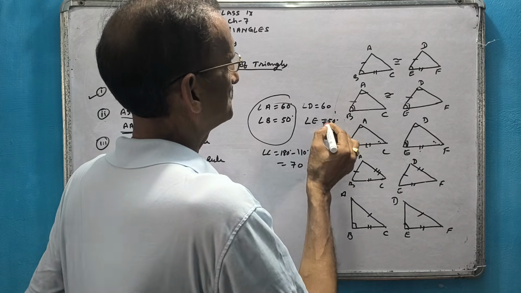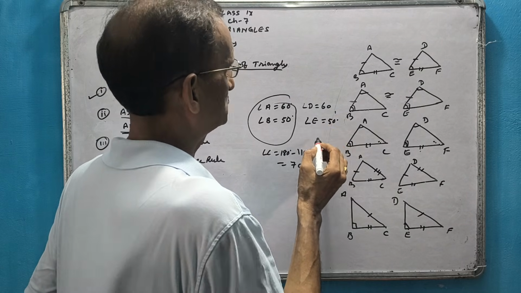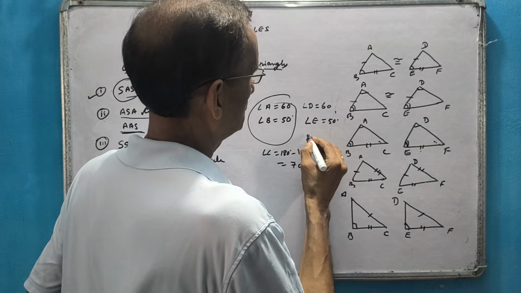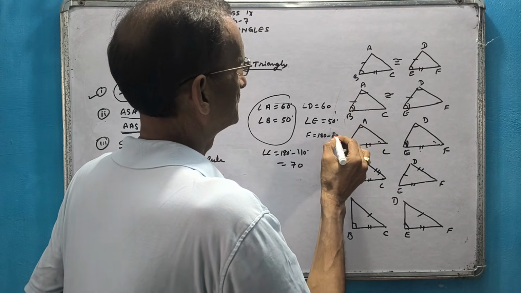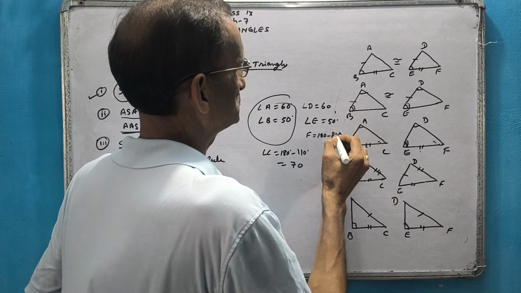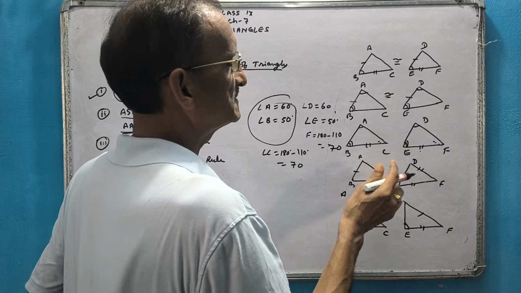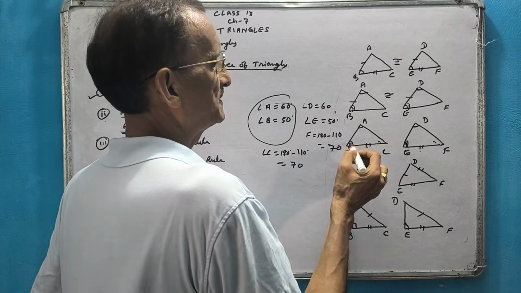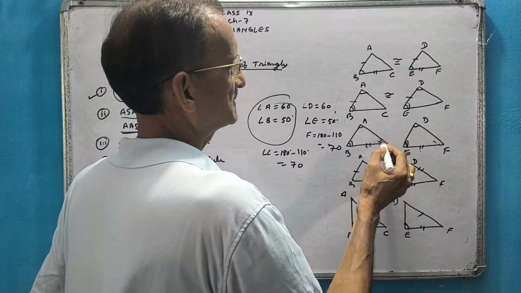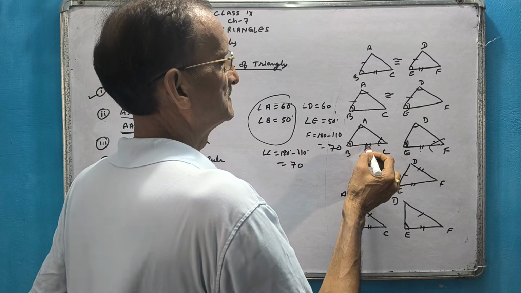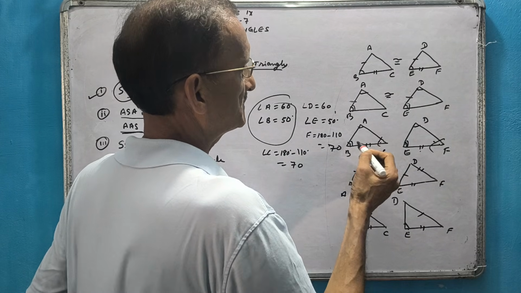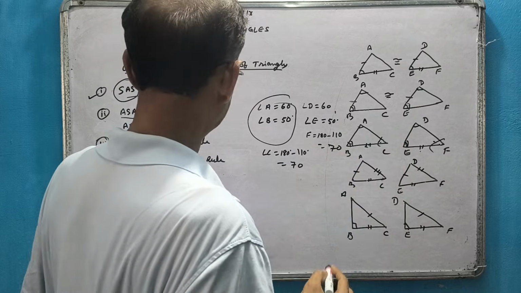Similarly, with the angle sum property of triangle, you can find angle F also. What is angle F? 180 degrees minus 110 degrees, the sum of these two angles. So even if it is not given, if two angles and two angles are equal, their third angle will be equal. So AAS is the same as ASA.